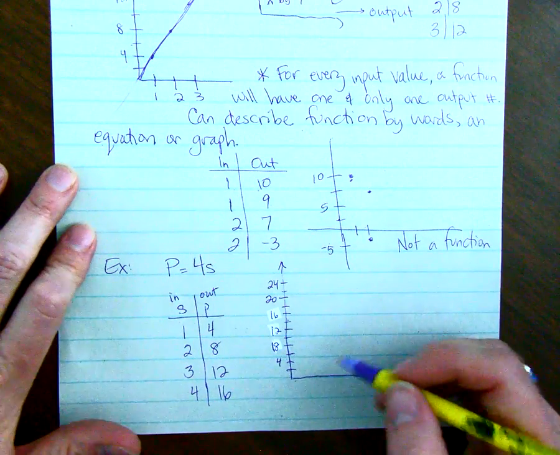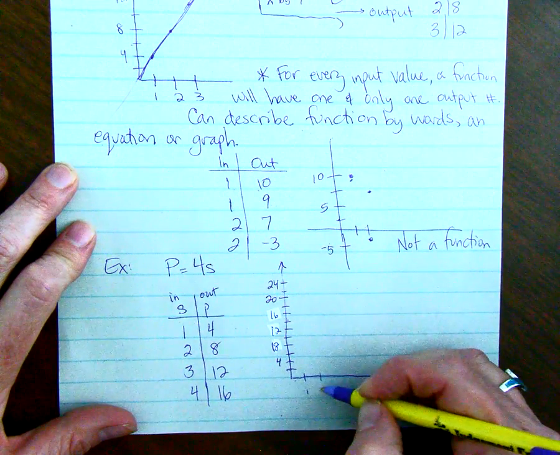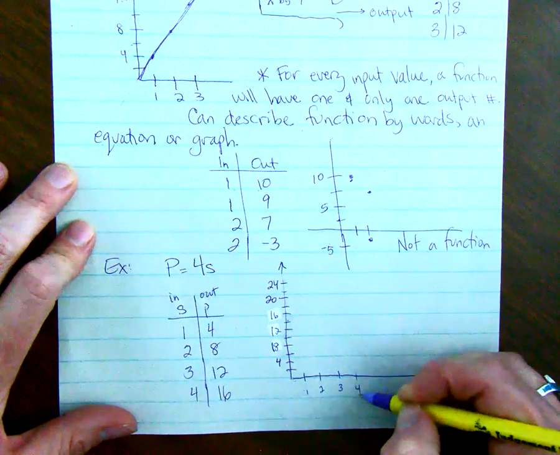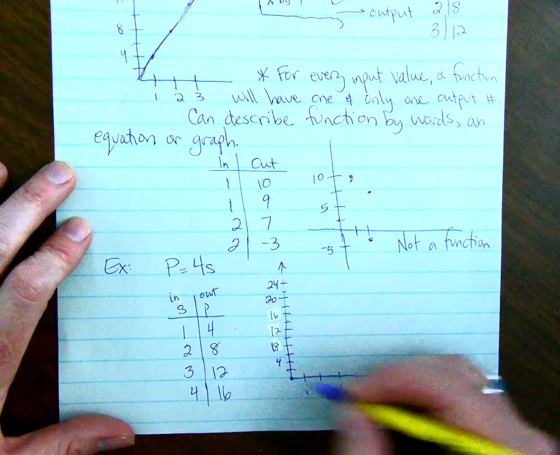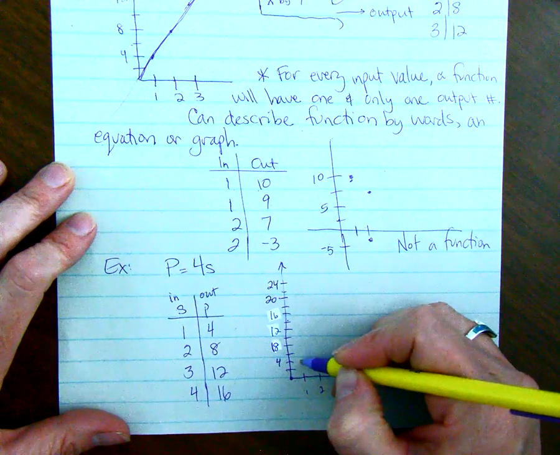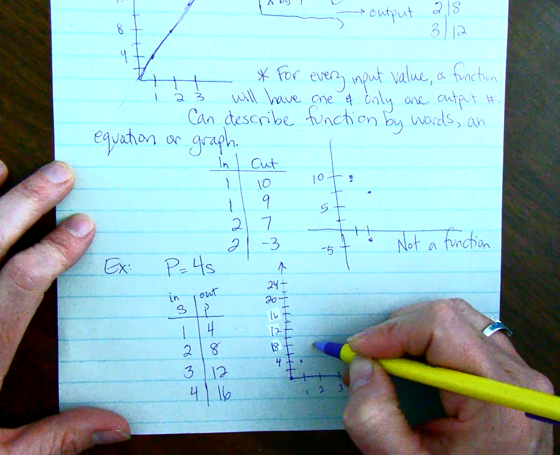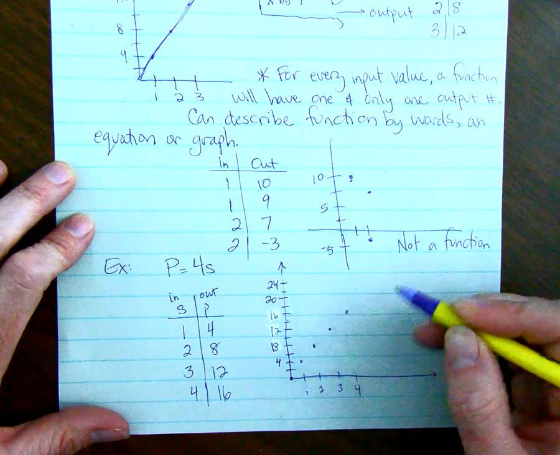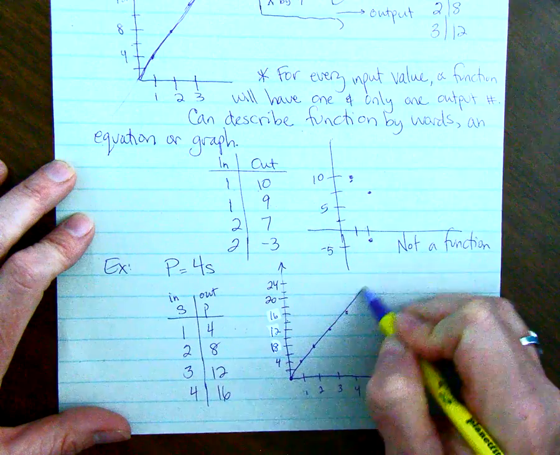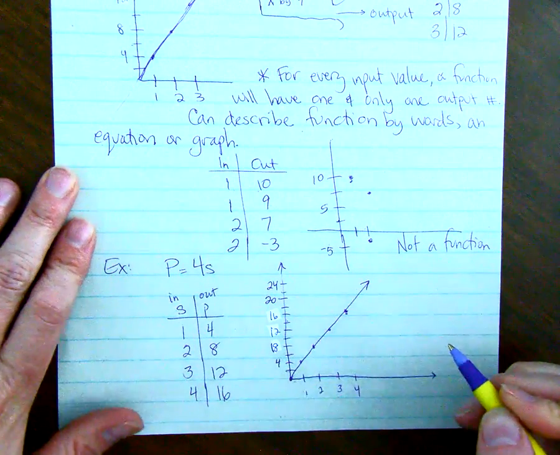I only really need 16. Then on the bottom, I'm going to count 1, 2, 3, 4. If the side length is 0, the perimeter is going to be 0, so we have 0, 0 there. Then 1, 4, 2, 8, 3, 12, 4, 16. And this is going to be a straight ray.